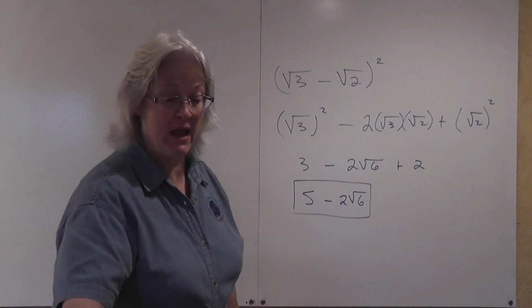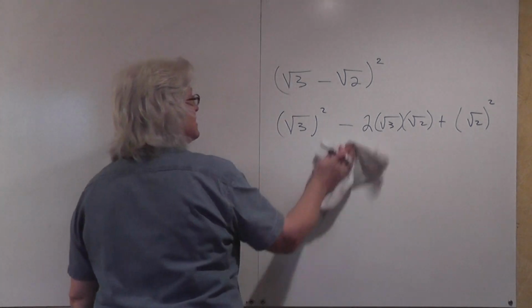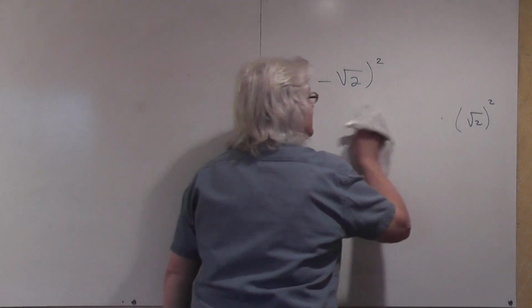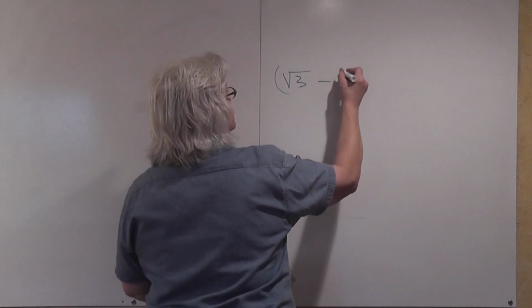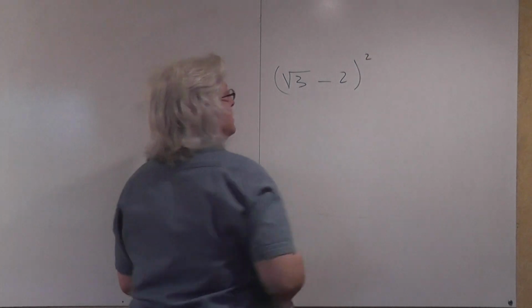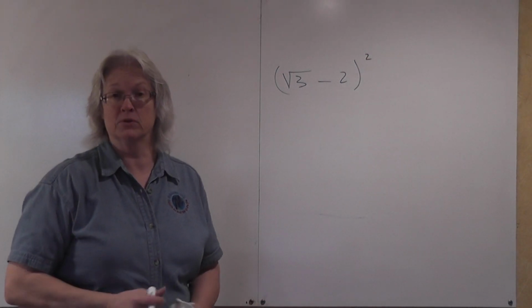Okay, let me go ahead and use the actual problem that they gave to us, which is a little bit easier. So you'll say, oh, yeah, this is simple. Square root of 3 minus 2 quantity squared. We'll just get rid of a few of the radical symbols.